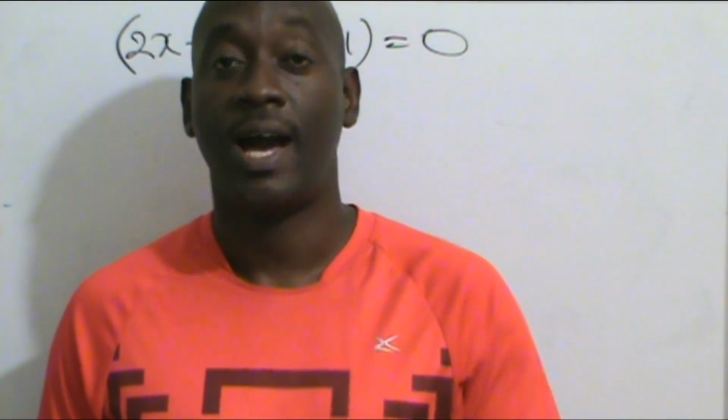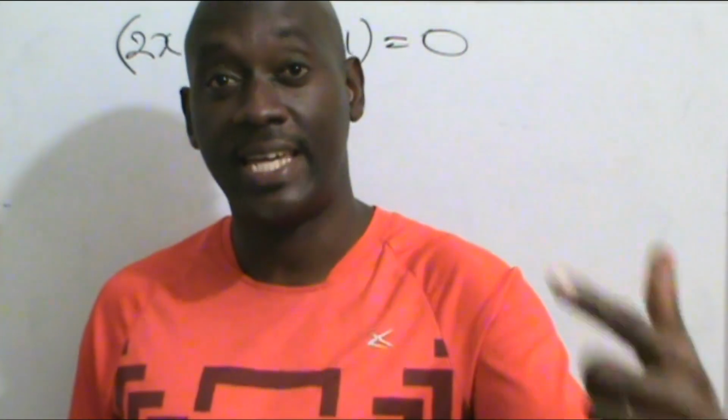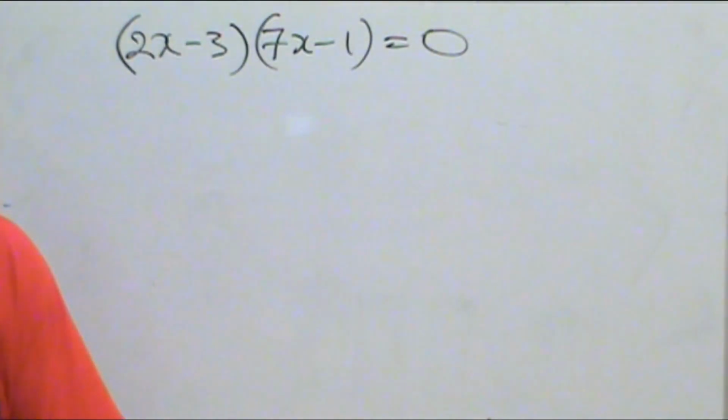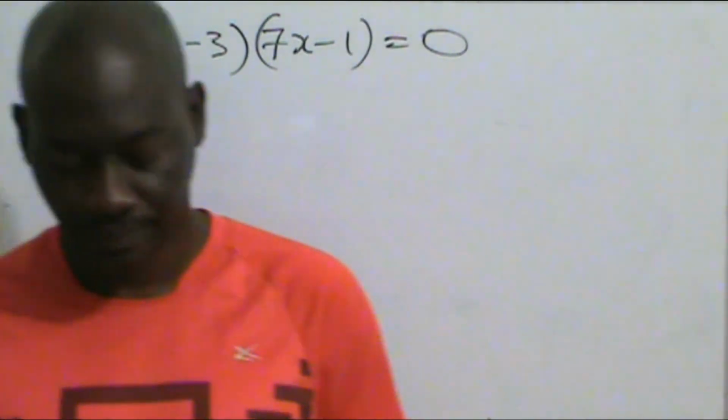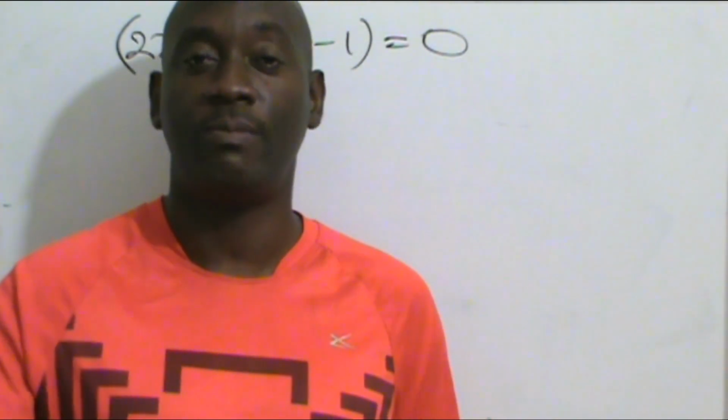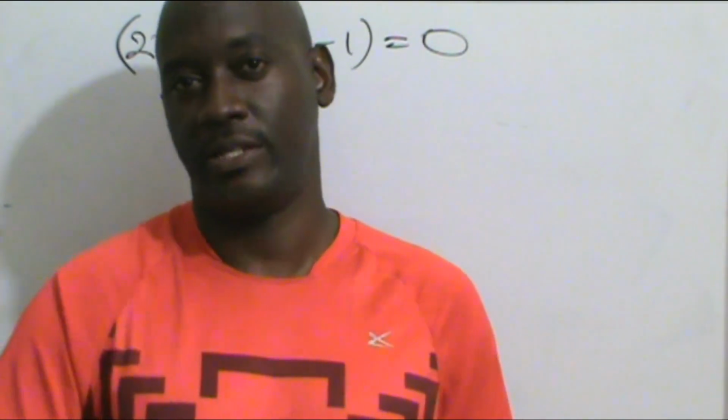Sometimes instead of having it unfactorized, they give you the factorized form of the expression. And having the factorized form to start with, you then just go straight into what I call the zero logic.